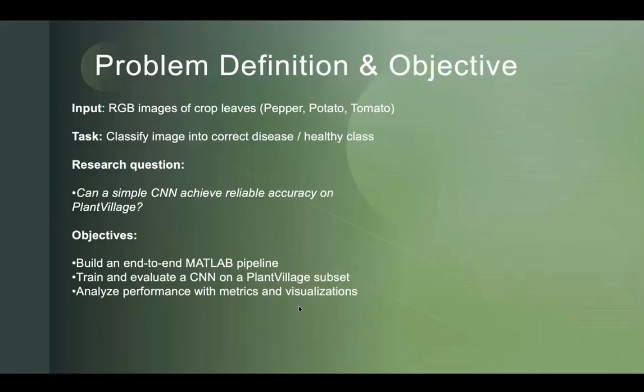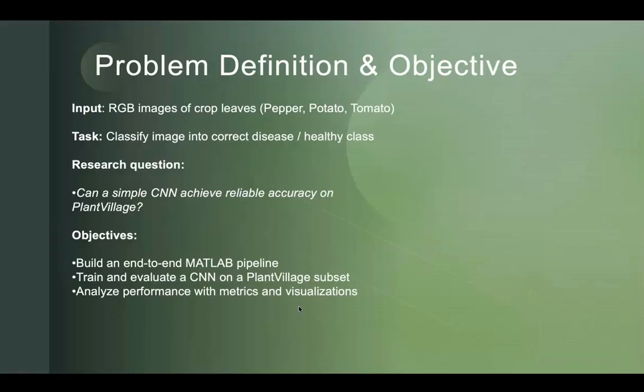Problem definition and objectives. In simple words, the input to our system is an RGB image of a leaf. The output should be a disease label, for example, early blight, late blight, leaf mold, or healthy. We focused on three crops: pepper, potato, and tomato. Our main research question was, can a simple CNN architecture achieve reliable accuracy on the PlantVillage dataset subset?